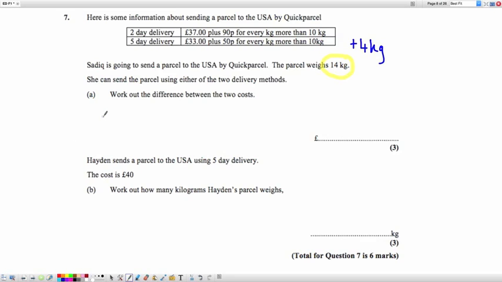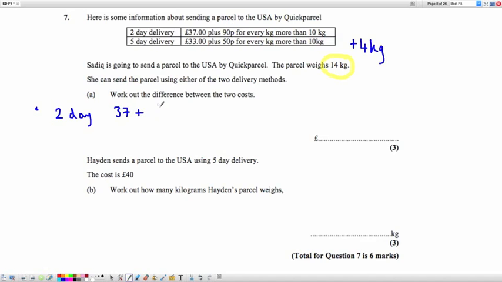We've said here that she can send the parcel using either of the deliveries. We want to know the difference in the cost between the 2-day service and the 5-day service. So let's work out the price for the 2-day to start with. For the 2-day, we're looking at £37 plus 90 pence.